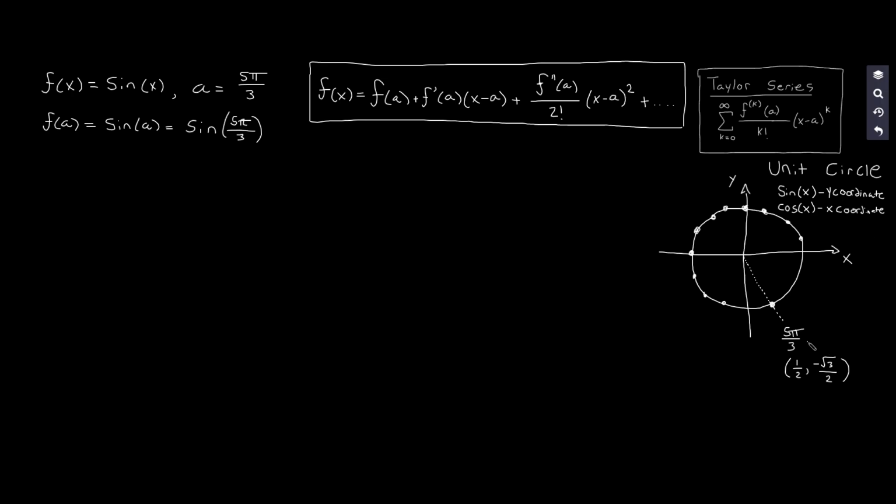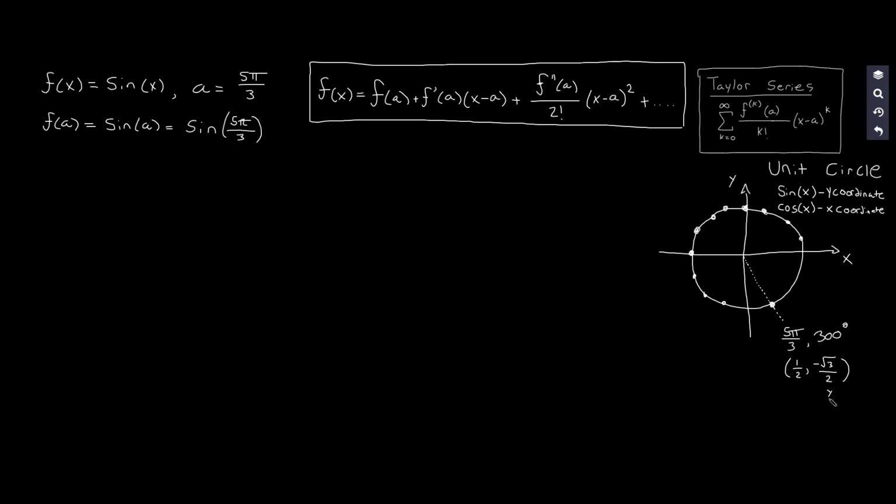So let's see. We can also just write 300 degrees here because this is what we're interested in. If we do sine of 5 times pi over 3, we're going to look at the y coordinate here.